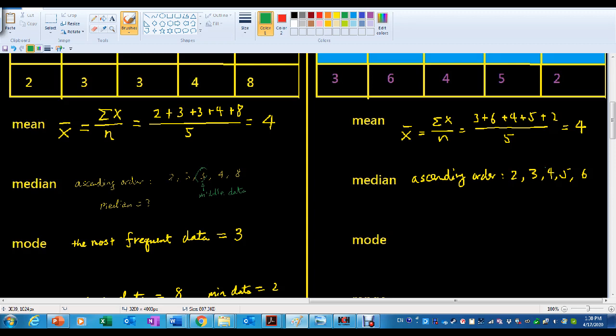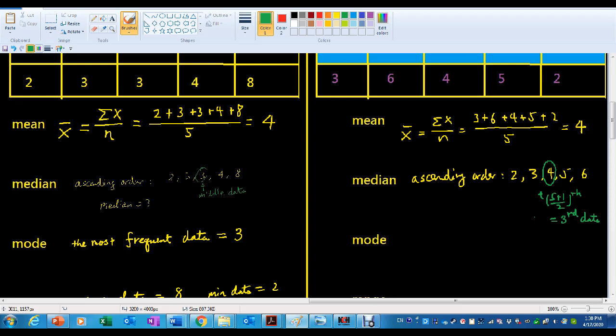So the middle data, in this case, there are five data. So the middle data should be 4, right? Again, you can use that formula, 5 plus 1 over 2 data. So that's the third data. So the third data is the middle data. That 3 means third data, it doesn't mean median is 3.